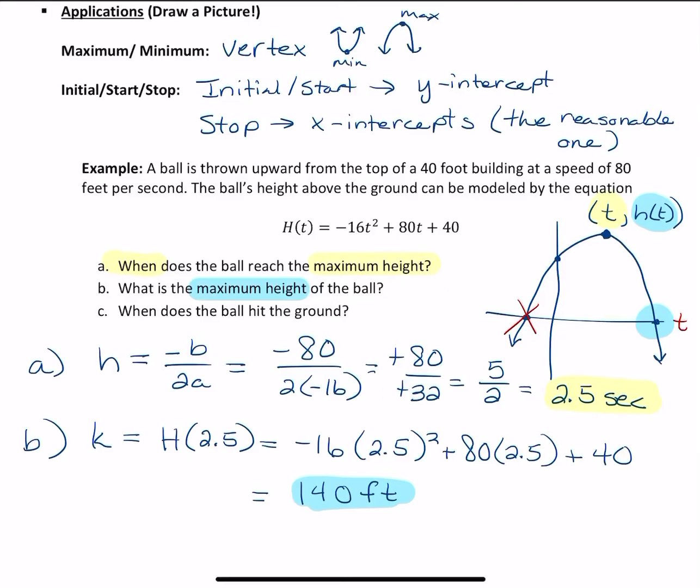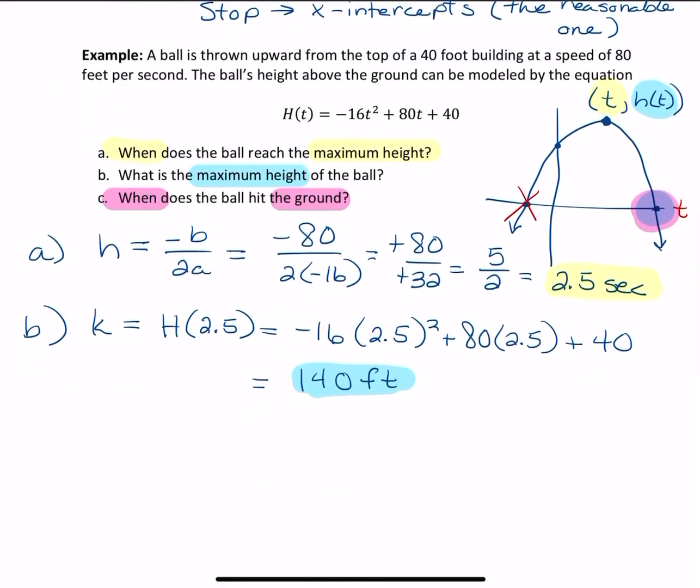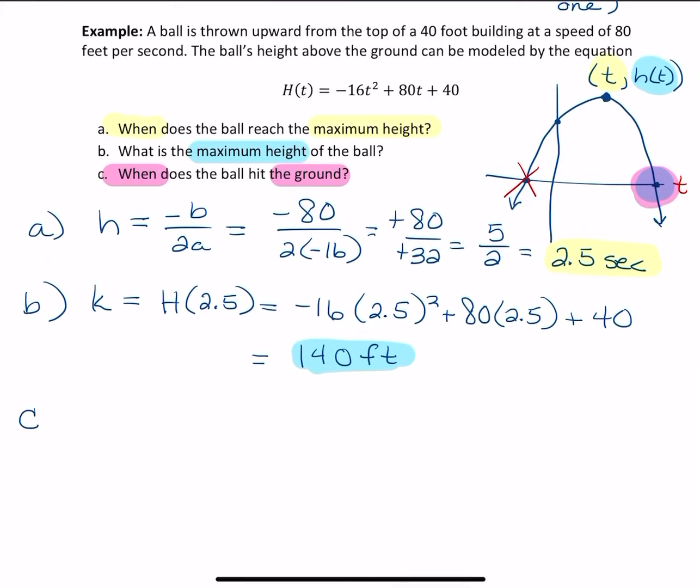That's its maximum height. Now the third question is, when does it hit the ground? That's going to want your t value right there on your x-intercept. So we're looking for our x-intercept here. Now, to find your x-intercept, remember you set y, or the equation, equal to 0.